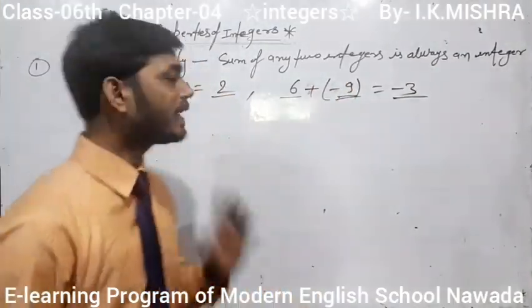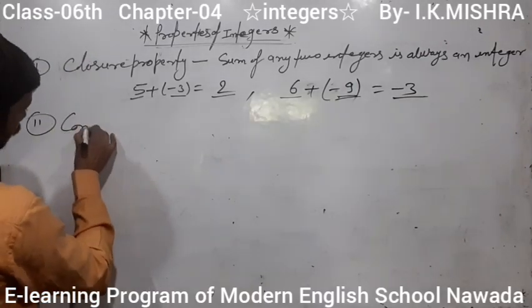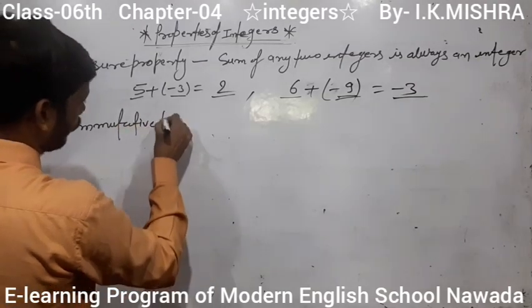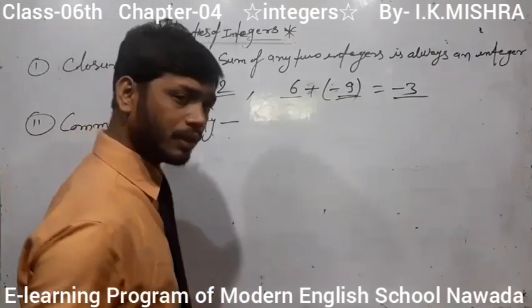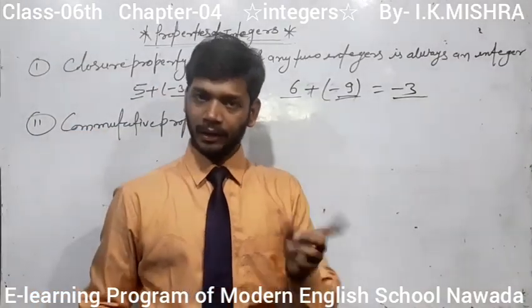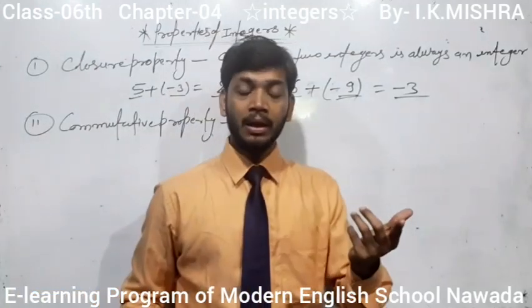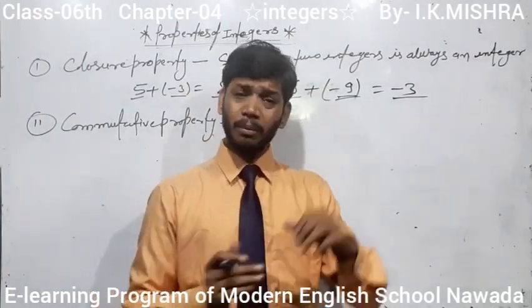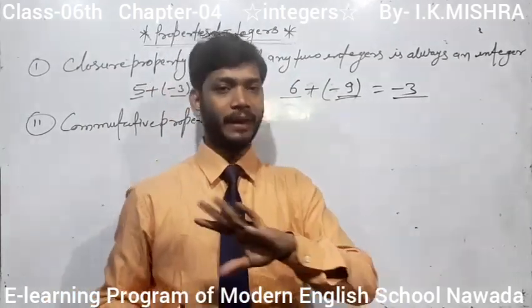Now the next property, commutative property. What is, students, the commutative property? As you have studied in previous videos, that was in whole numbers, if the order of whole numbers is changed, then in addition the value does not change.